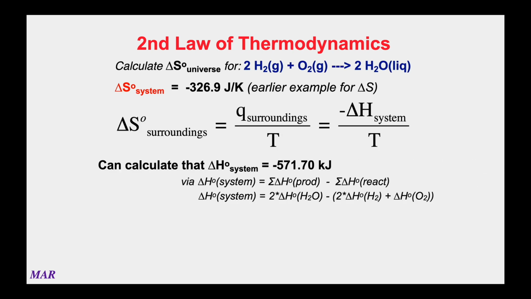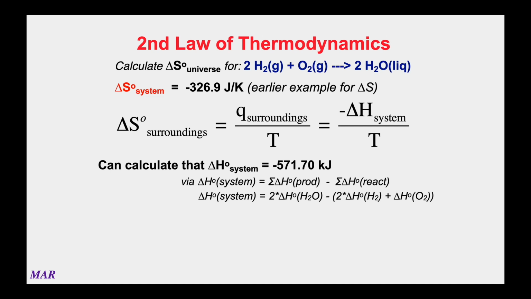Delta S of the surroundings from other classes you will find is equal to the Q of the surroundings divided by the temperature at which it occurs. And the Q of the surroundings is equal to the negative of the delta H of the system. So what that means for us here is that delta S of the surroundings equals negative delta H of the system divided by the temperature.